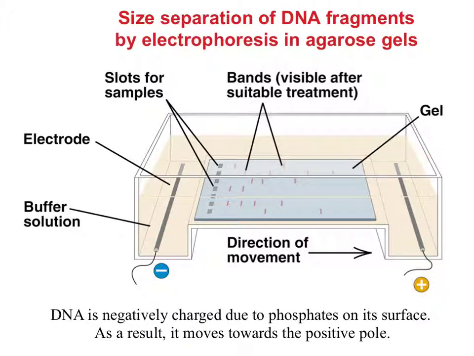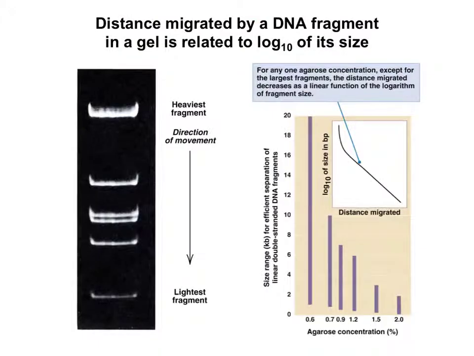And so since DNA is negatively charged through the phosphates on the surface, you can then run a current through so that the DNA then migrates to the positive charge, allowing for separation by length. The DNA, again, is migrated by size, where the lightest fragment migrates first and the heaviest fragment is slower to migrate.